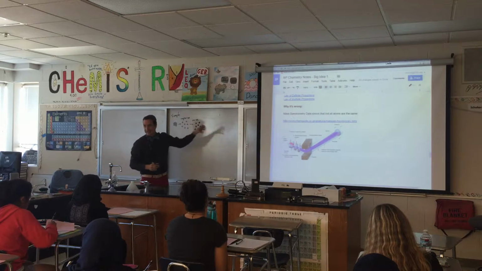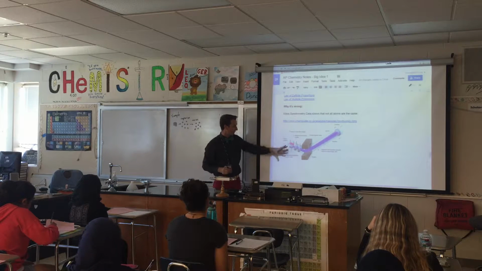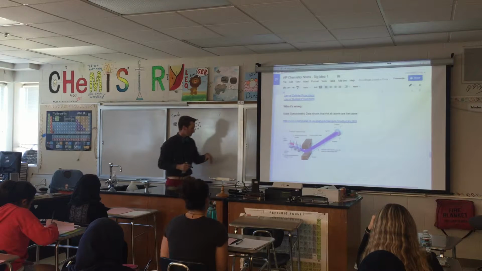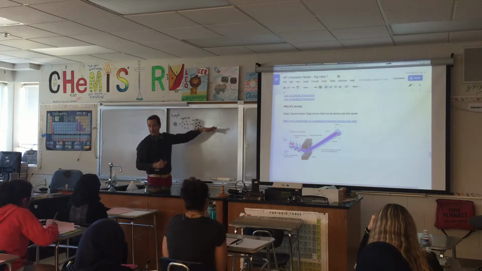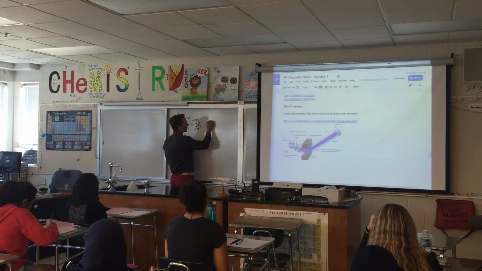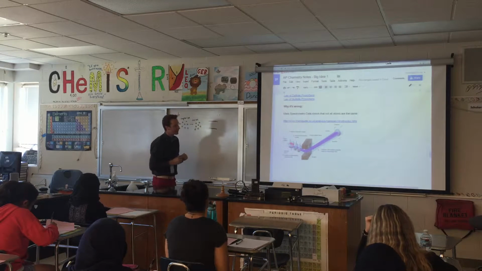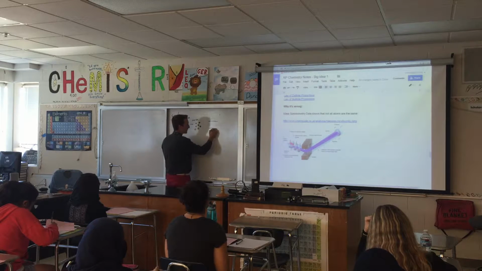Now, we have to accelerate these ions, so there's some plates here that accelerate these things. We have to get these things moving. Once we get these things moving, we want to create some sort of field. It has a magnet here. It could be a magnetic field. It could be an electric field as well.